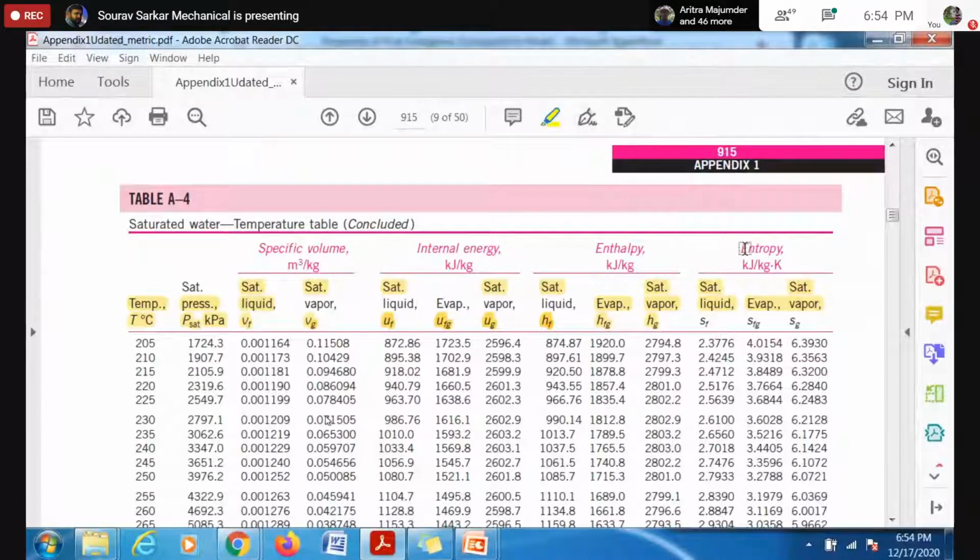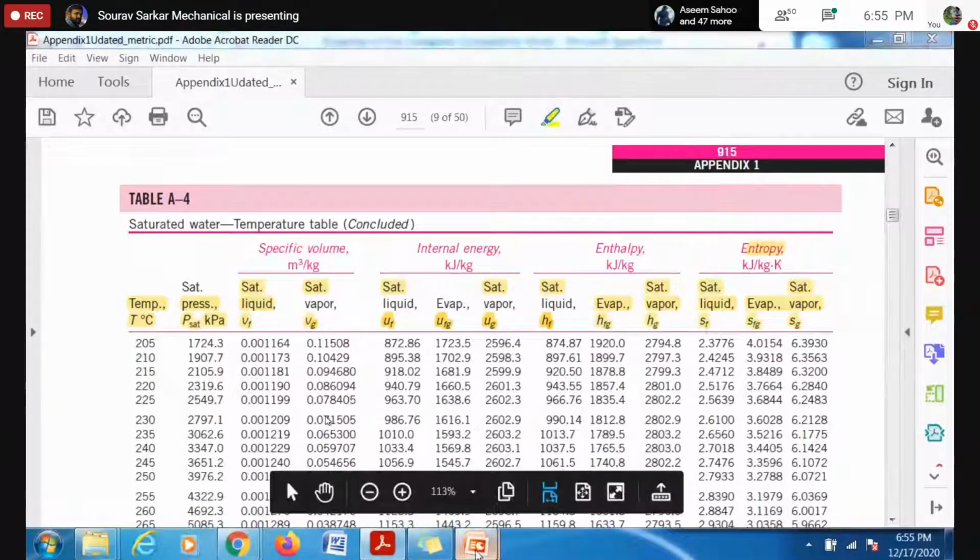Similarly, for the entropy, what is entropy? I will tell you later, but at this point you can consider that this is also a kind of property. It is written as sf, specific entropy of the saturated liquid, and sg at the saturated vapor. Corresponding to that, you have sfg, which is basically sg minus sf.